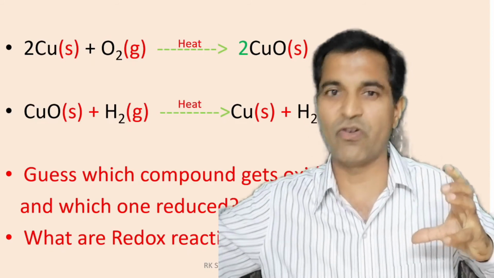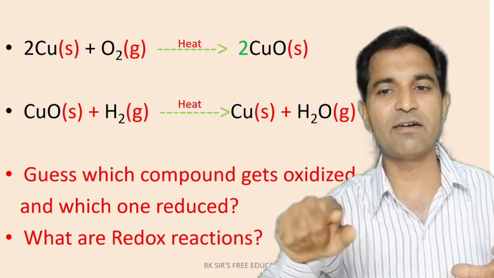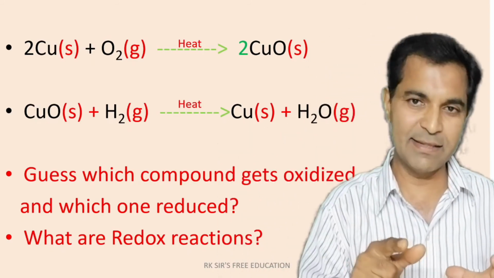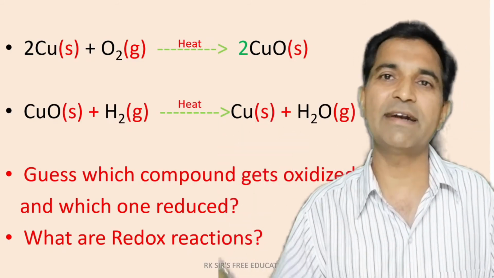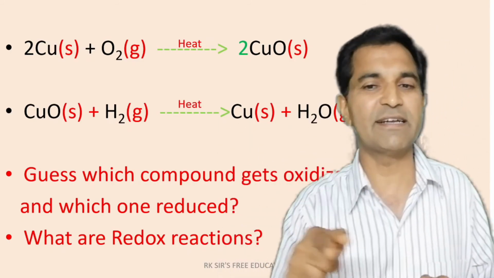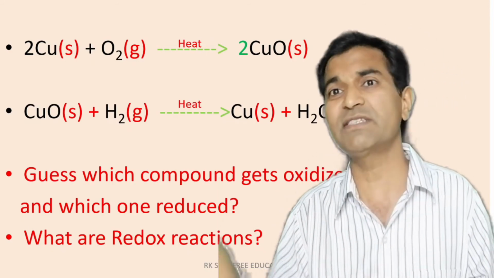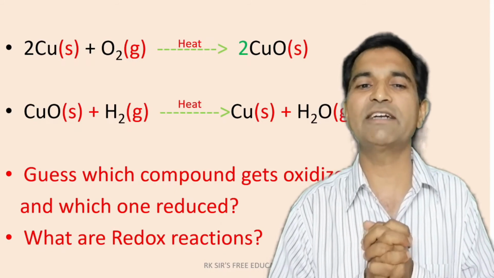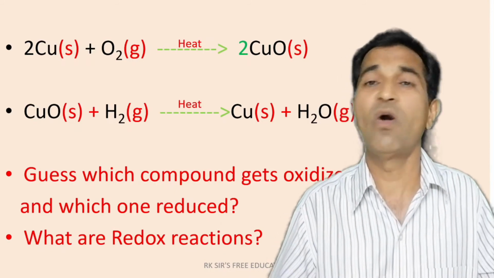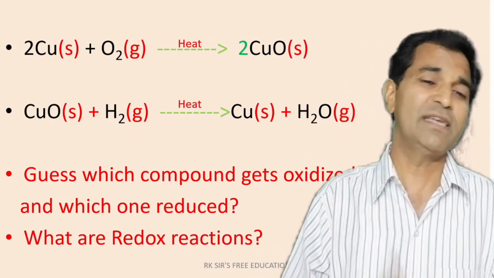Oxygen is removed from the copper and oxygen combines with the hydrogen, hence hydrogen gets oxidized and copper gets reduced. So actually it is the reduction reaction for the copper and oxidation reaction for the hydrogen. Guess which compound gets oxidized and which one reduced. Already I have answered, so now nothing to answer.